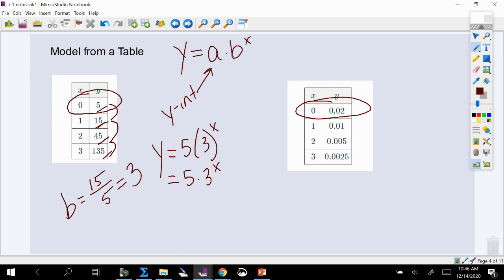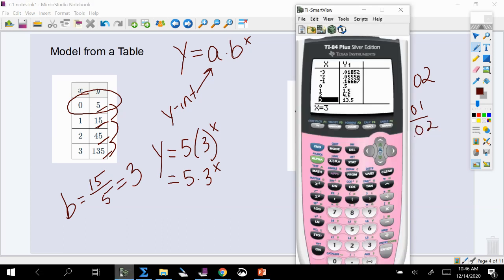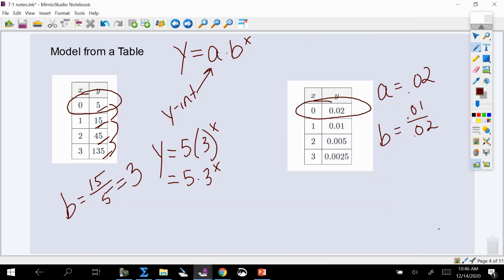For this one over here, my a value is 0.02 because that's my y-intercept, and my b value is going to be found by dividing the y by the previous y. So on my calculator, if I take 0.01 divided by 0.02, I get a half.